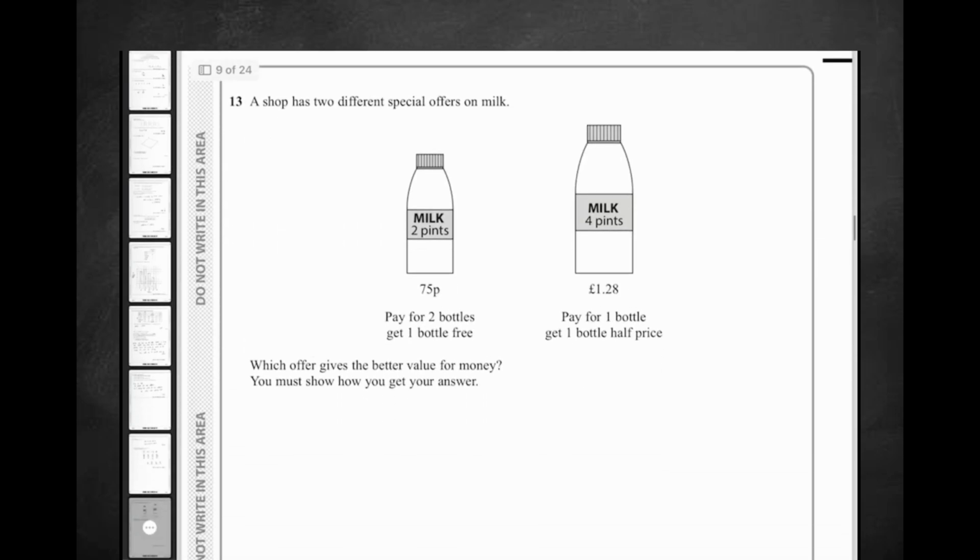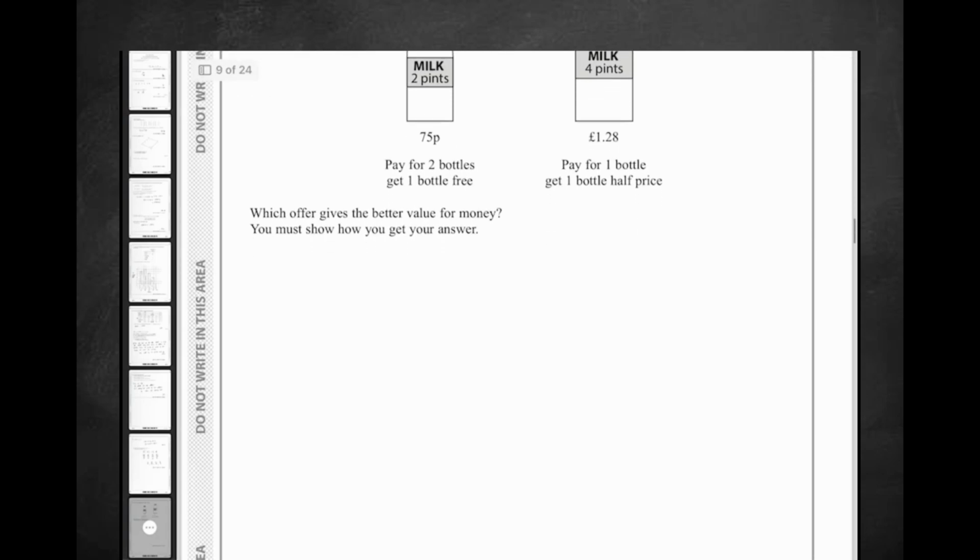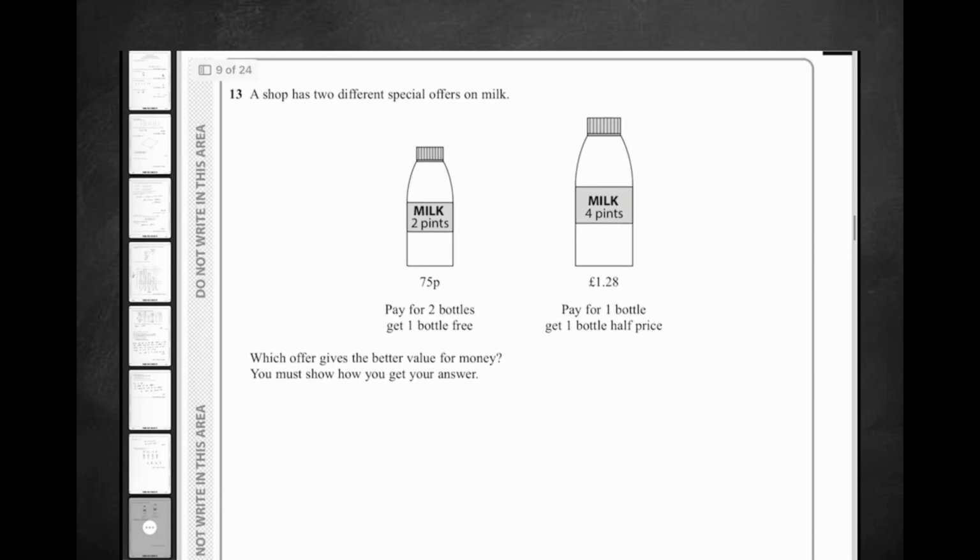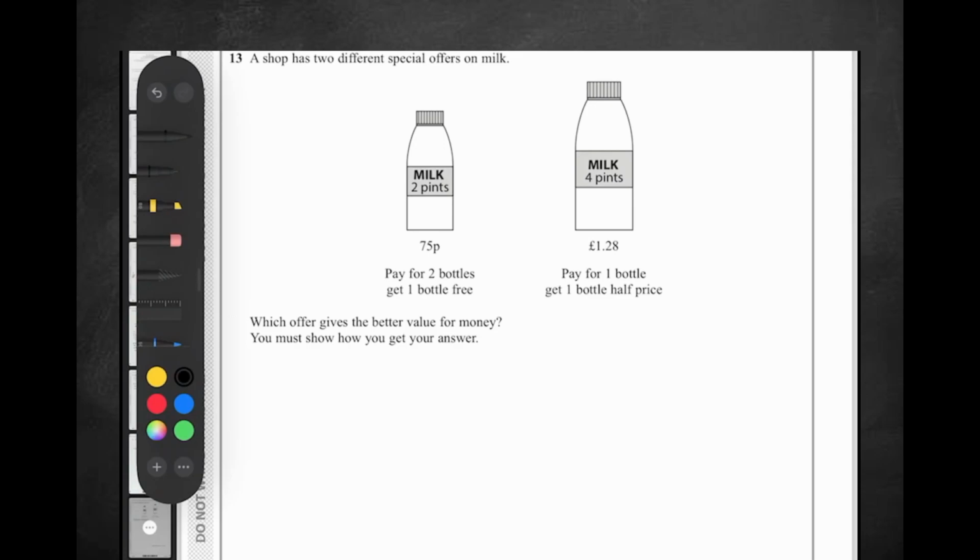Question 13. A shop has 2 different special offers on milk. Which offer gives the best value for money? You must show how you get your answer. So both of these milks have got offers on. If we look at the 2-pint offer, that is pay for 2 bottles, get 1 bottle free.